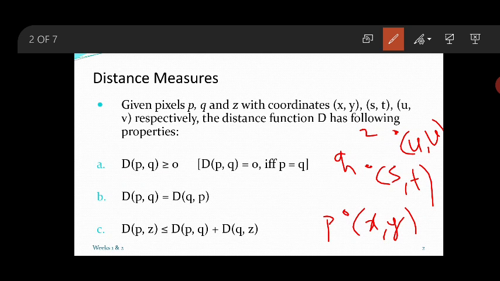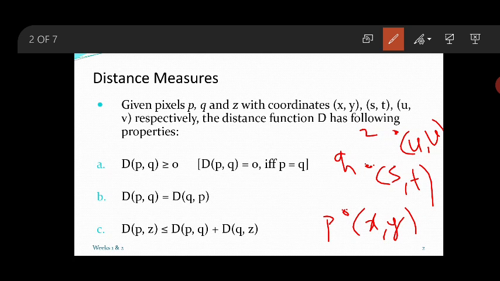Now, there will be the condition that the distance between the adjacent pixel will be 1. What will be the distance between P and Q? It is 1. The distance between Q and Z will be 1. D will be considered as a distance factor for the measurement purpose.